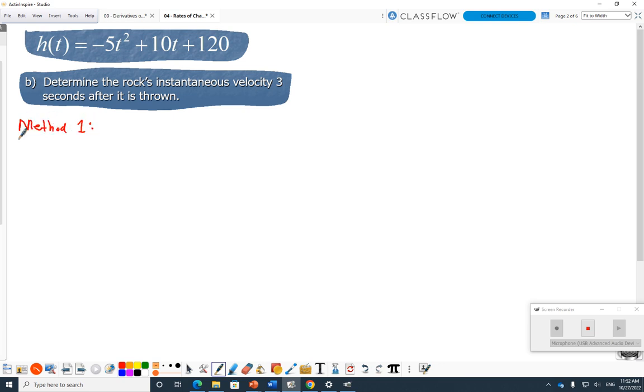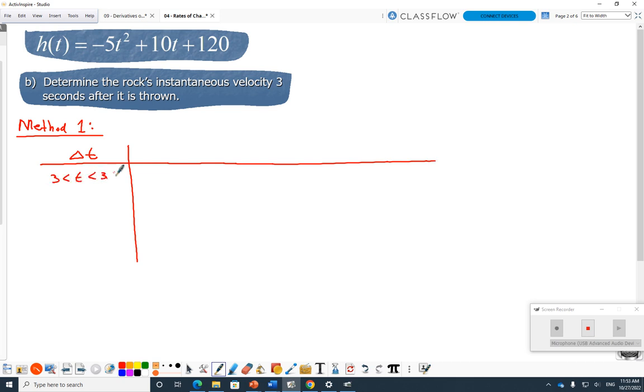Using method 1, I want to know the velocity 3 seconds after it was thrown, so I need some intervals, some delta t's in that first column. So I'm going to go 3 to 3.1, and then 3 to 3.01, and then 3 to 3.001.